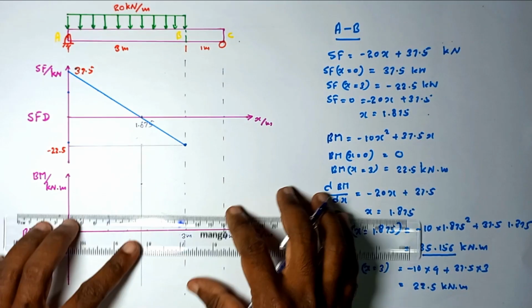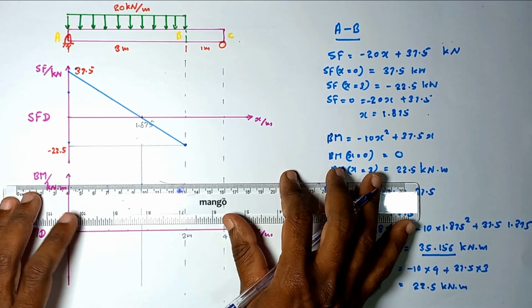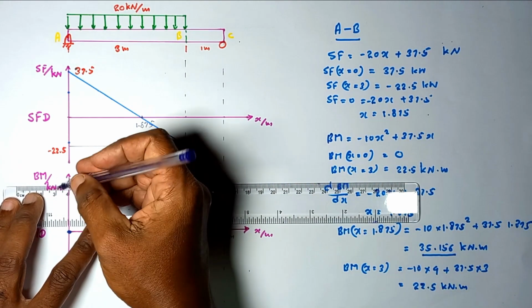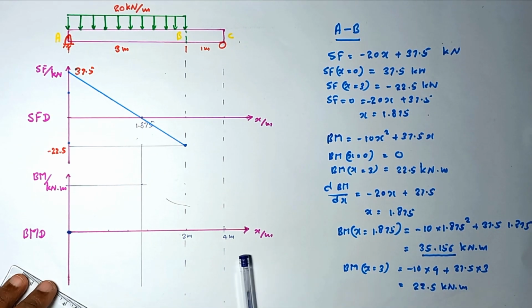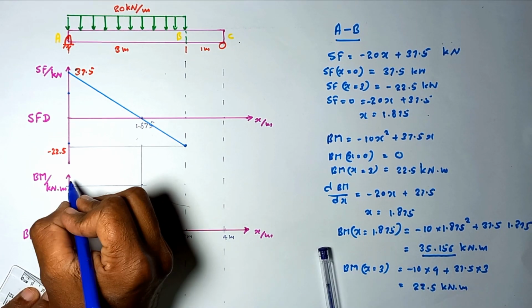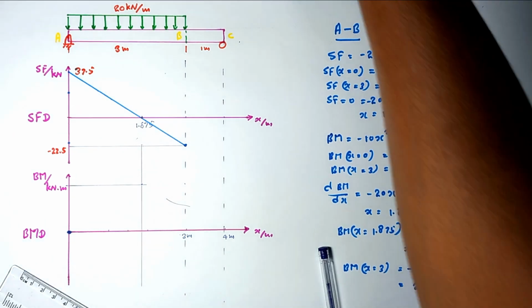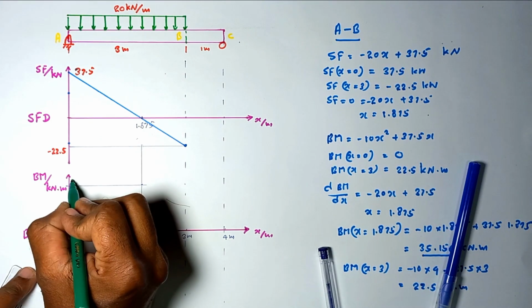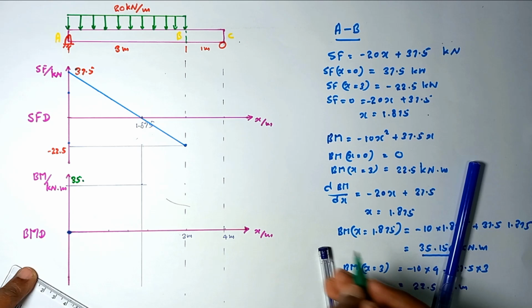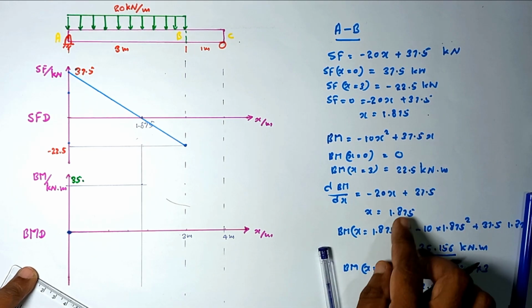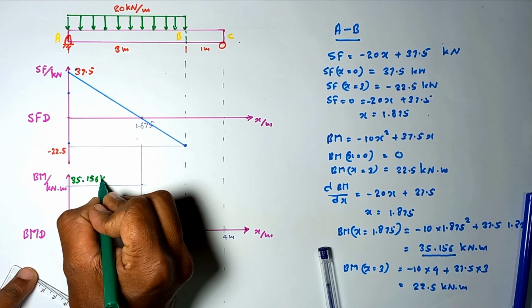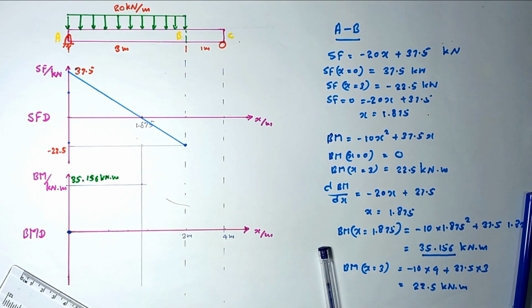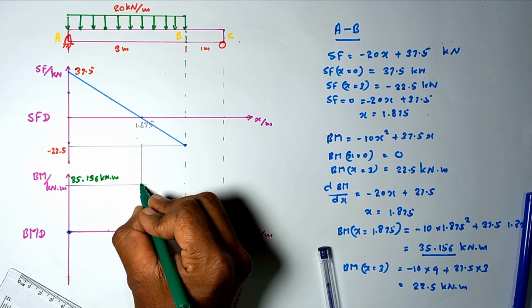So then this point is equal to 35.156 kilonewton meter moment be the point.